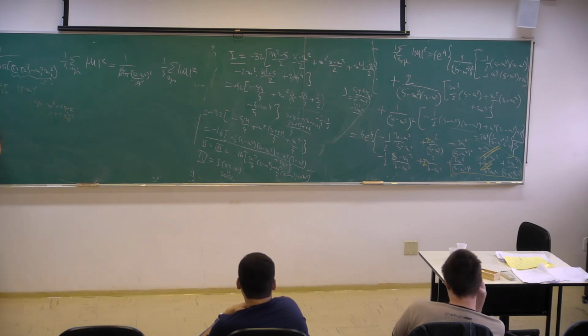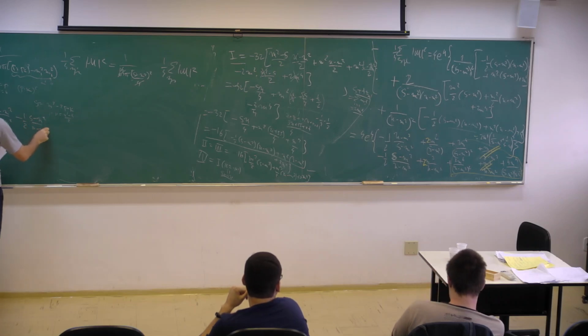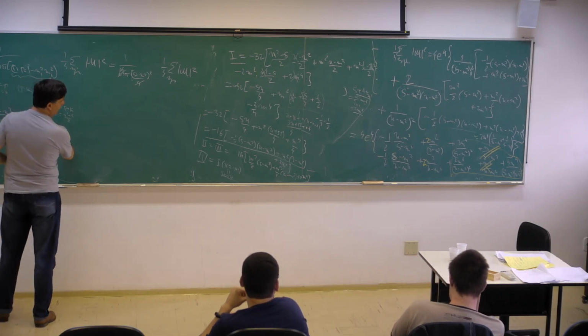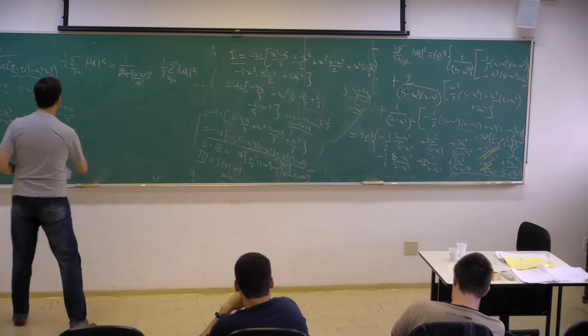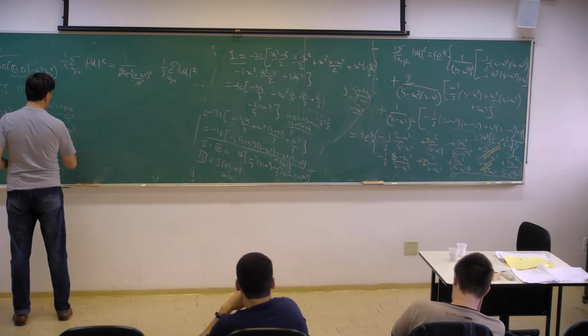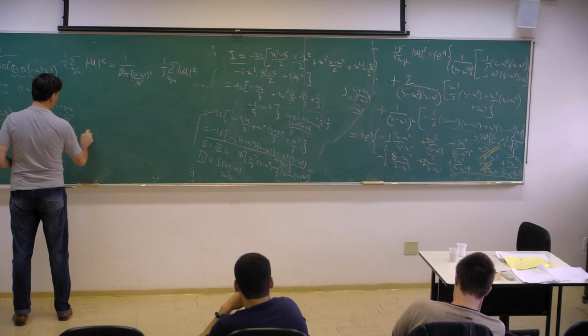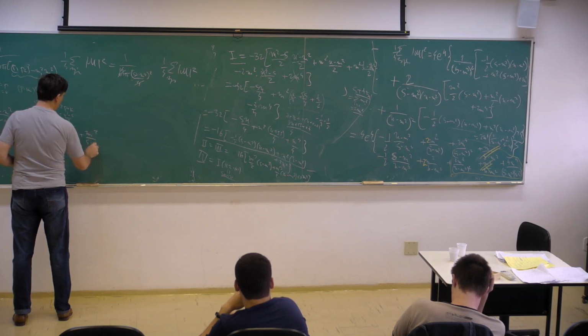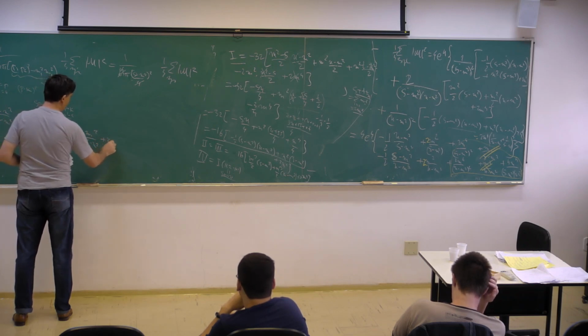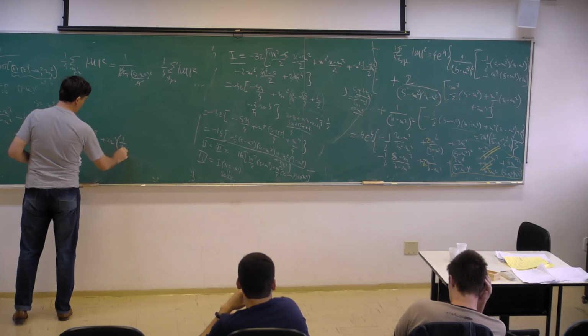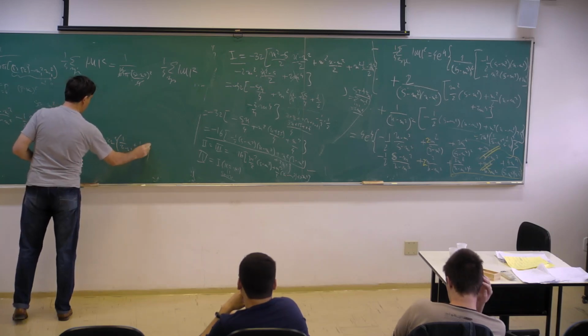So minus 1/2 (u minus m squared)/(s minus m squared) minus 1/2 (s minus m squared)/(u minus m squared) plus 2 m squared over (u minus m squared) plus 2 m squared over (s minus m squared) plus 2m to the 4 times (1 over (u minus m squared) plus 1 over (s minus m squared)) squared.